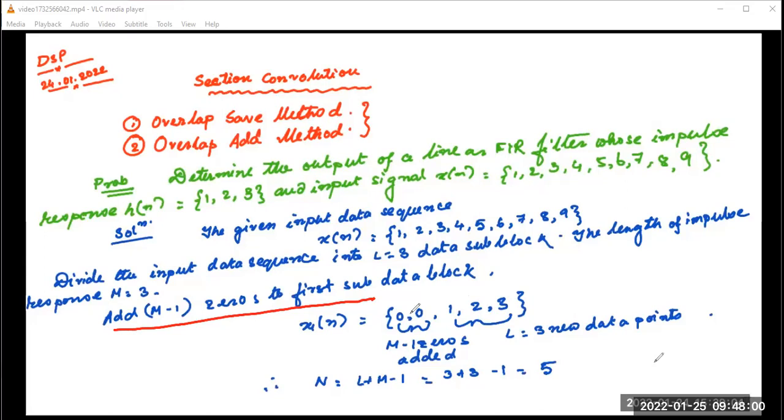But here we are adding zeros after the data blocks. So that is the basic difference first.